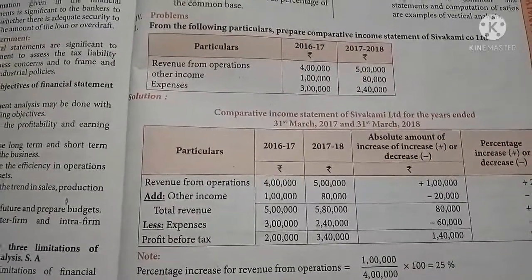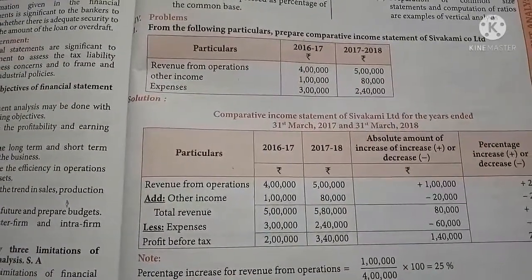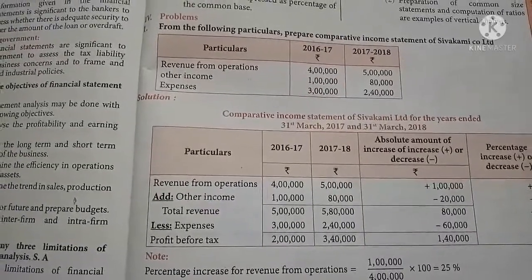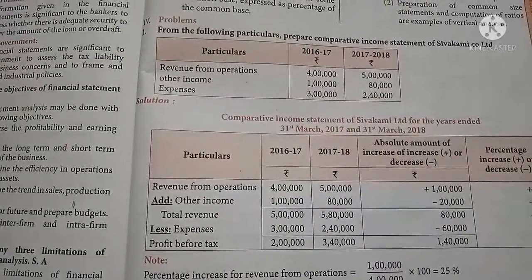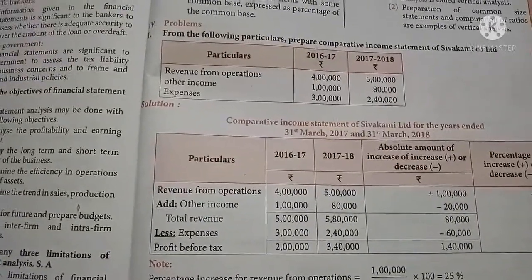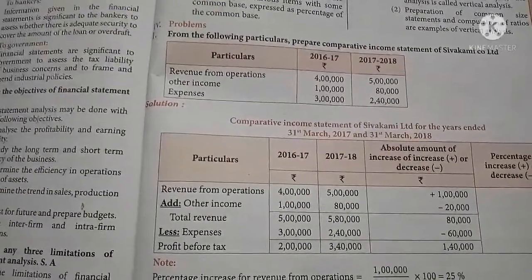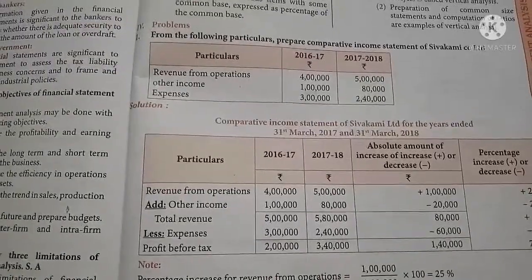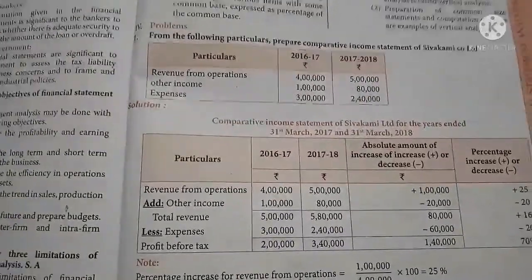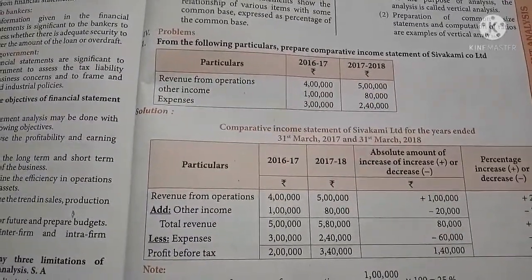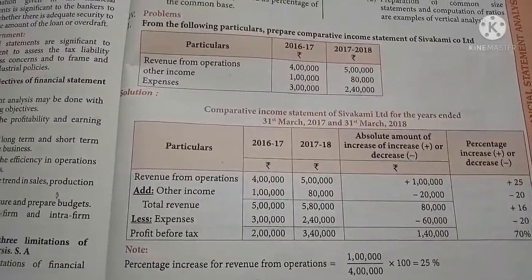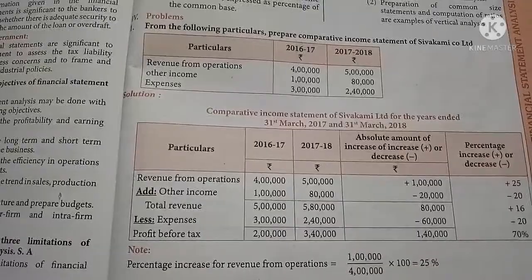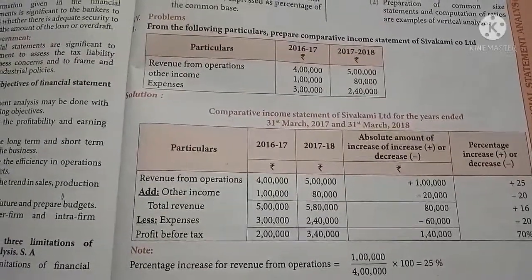Again you compare the profit: second year profit compared to first year profit. 3 lakh 40,000 compared to 2 lakh, it increases by 1 lakh 40,000. Write plus 1 lakh 40,000. And also find the percentage: plus 1 lakh 40,000 by first year profit 2 lakh into 100, that is 70 percent.